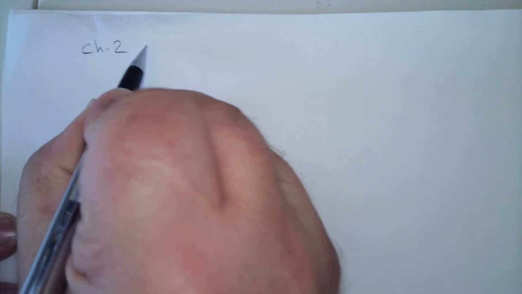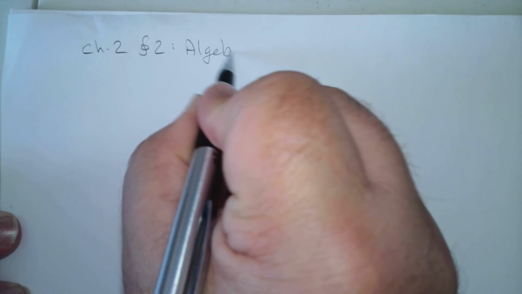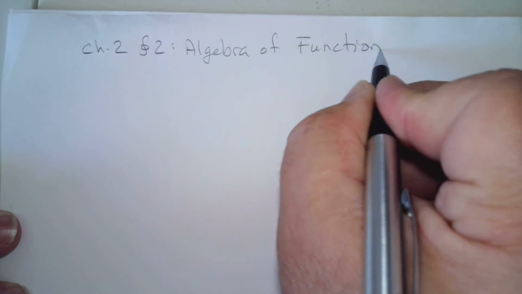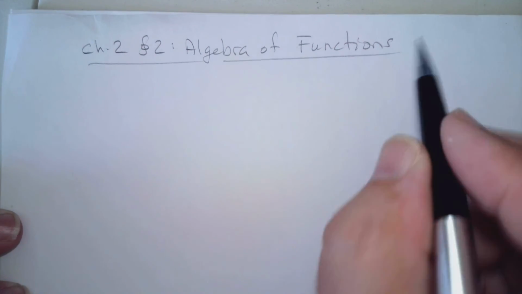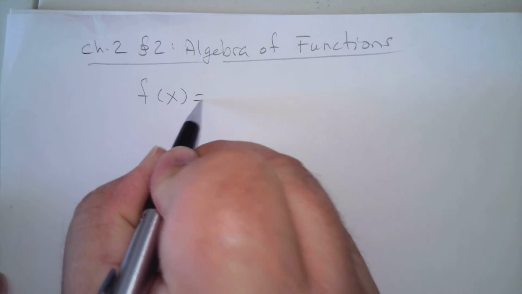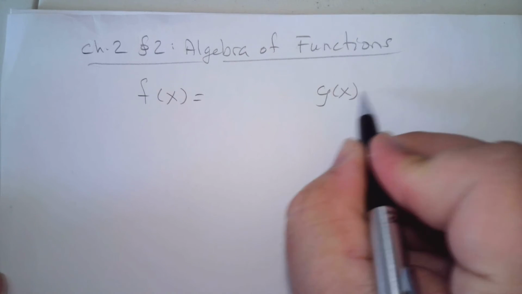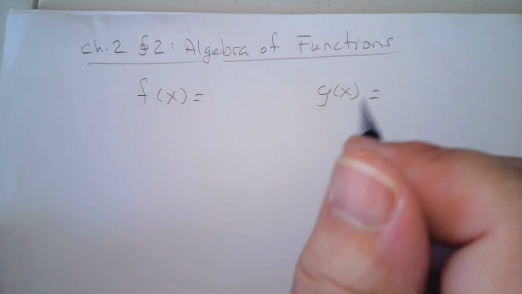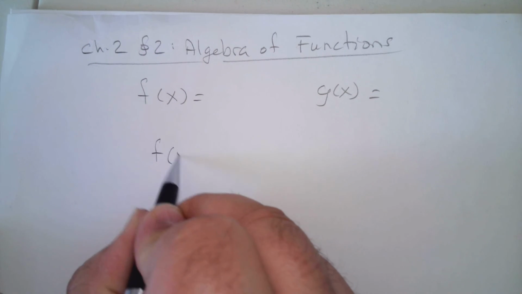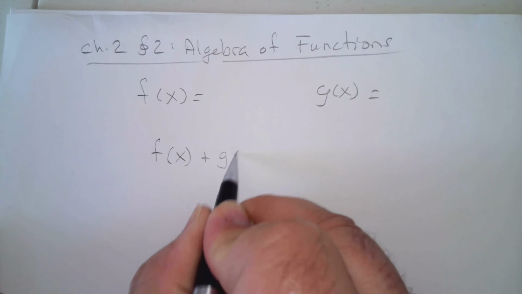Now, Chapter 2, Section 2, the Algebra of Functions. Let's pretend we have two functions, f of x and g of x. They can be whatever. When we talk about the algebra of functions, all we're saying is that these two functions can be added together.